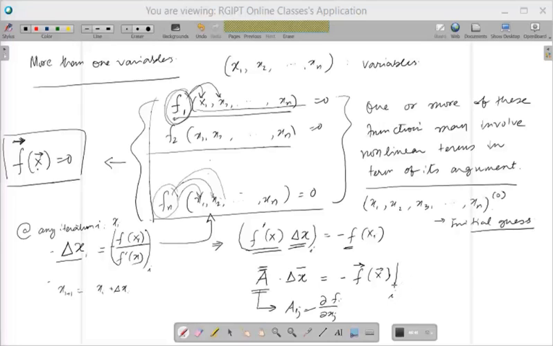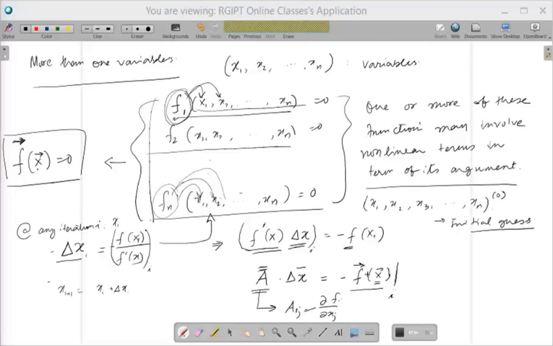At the ith step, I already know x_i, because it's an iterative scheme. Knowing the current value, I'm going to get the next better value. If I know the current guessed value, which is x_i, I can find the right hand side.